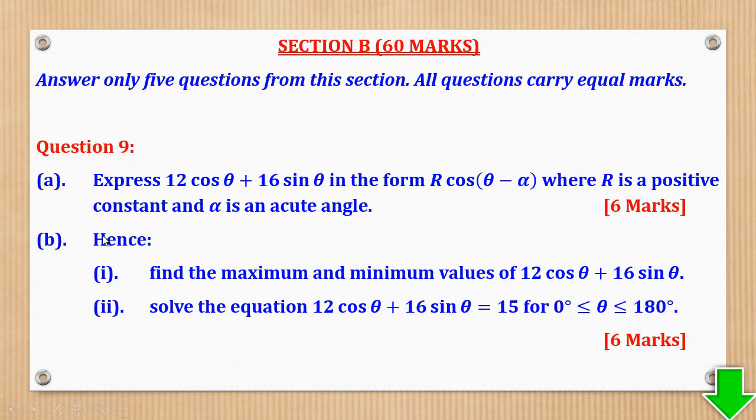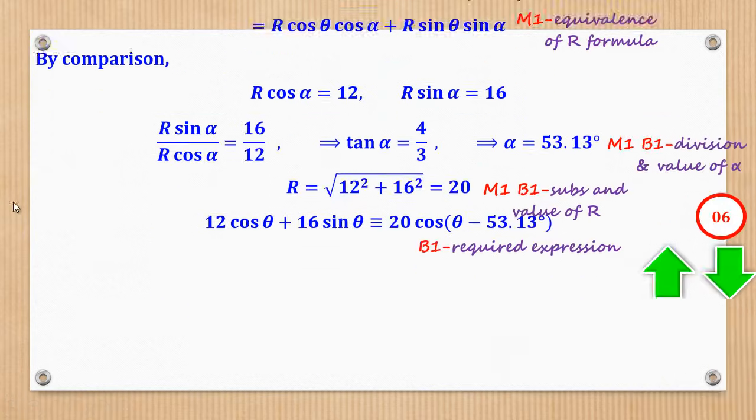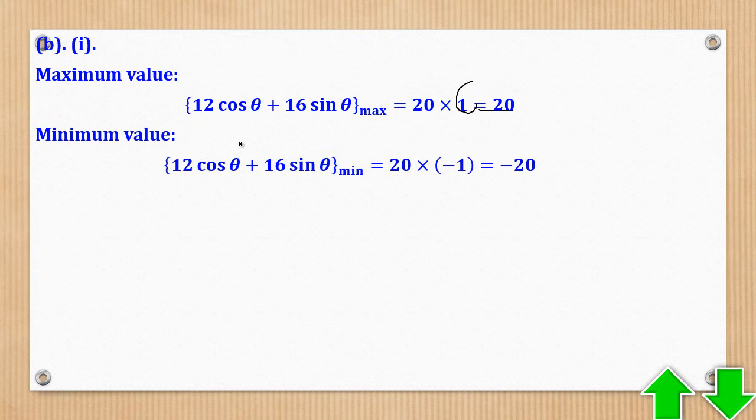Part B says, hence find the maximum and minimum values of this expression and also solve this equation. So for maximum, I think you know cos is always positive 1. So you substitute where there is cos, you put positive 1 to get the maximum value, and for the minimum value you put negative 1.